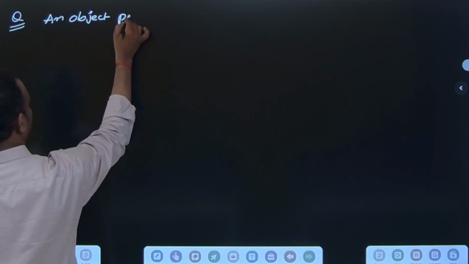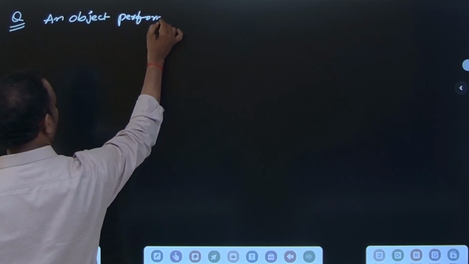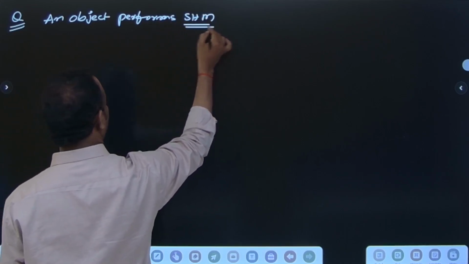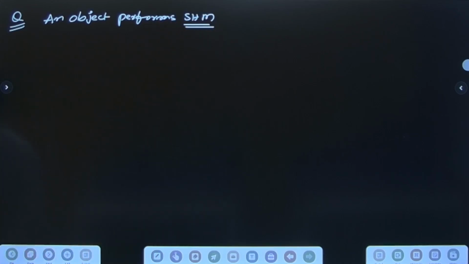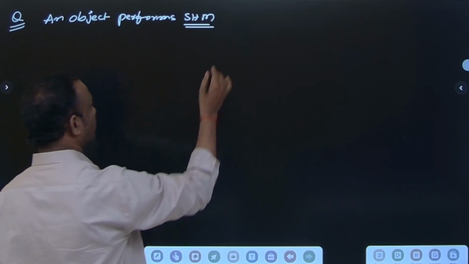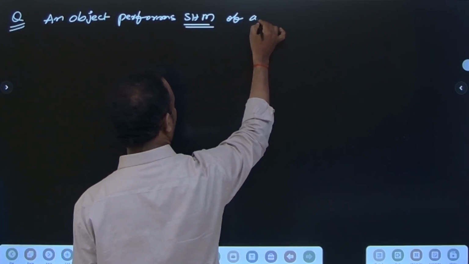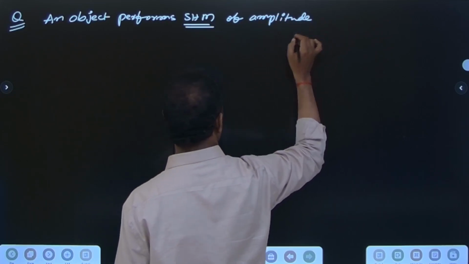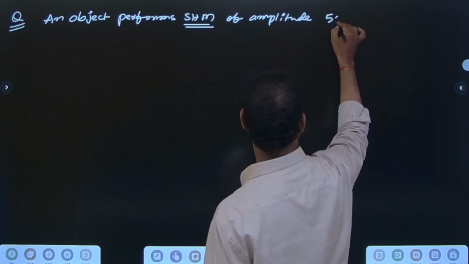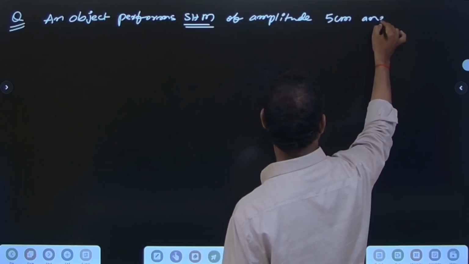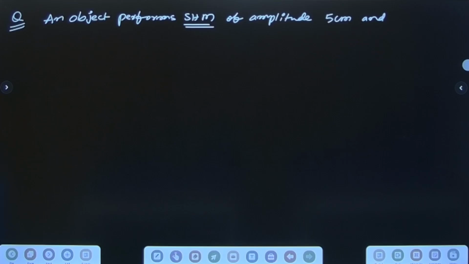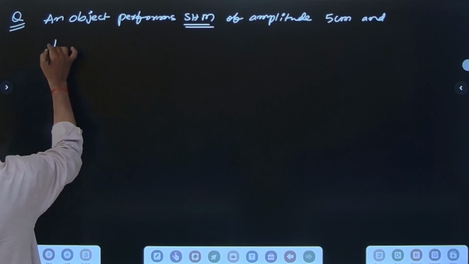An object performs SHM of amplitude 5 centimeter and time period 4 seconds.